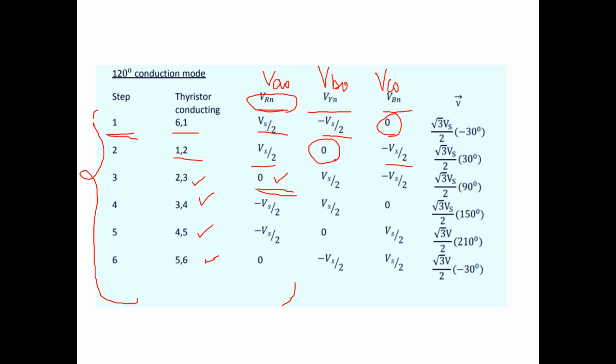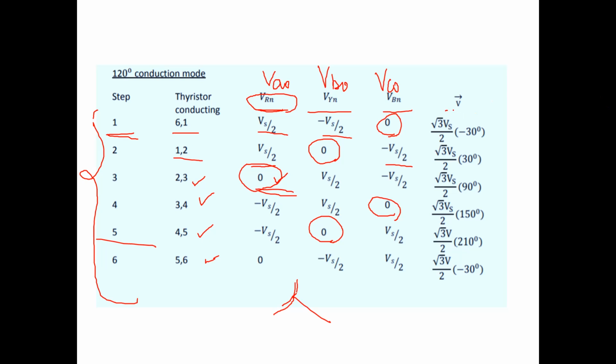So star to delta, VABC: A will not be conducting, so 0, C will not be conducting, and B will not be conducting for the respective thyristors.